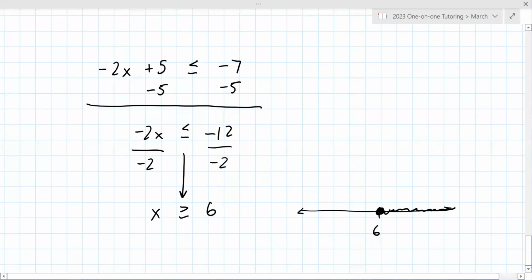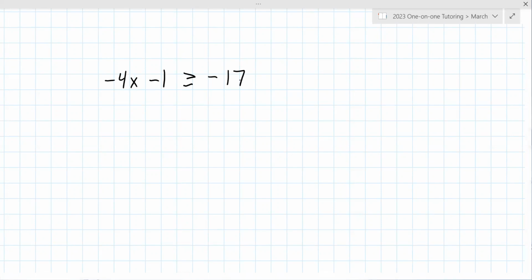Yes. All right. Ready to try one on your own here? Sure. Okay. Let's go -4x - 1 greater than or equal to -17. Let me know if you have any questions about that.